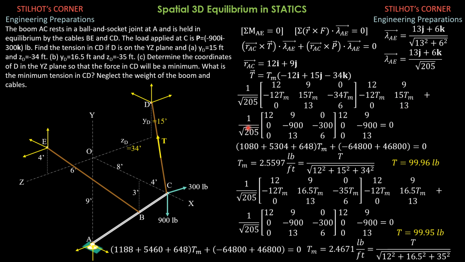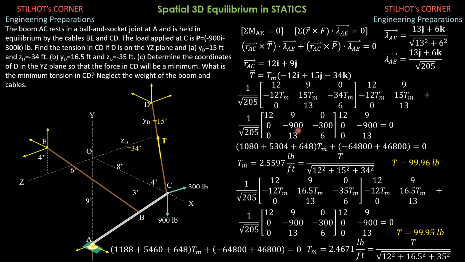Then plus lambda of axis again has 1 over square root of 205 in the denominator. So we have RAC 12, 9, 0, copy 12, 9. Then the components of P, which are negative 900j and negative 300k. So 0i, negative 900j, negative 300k.